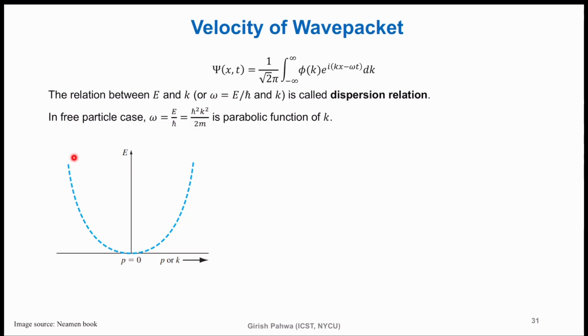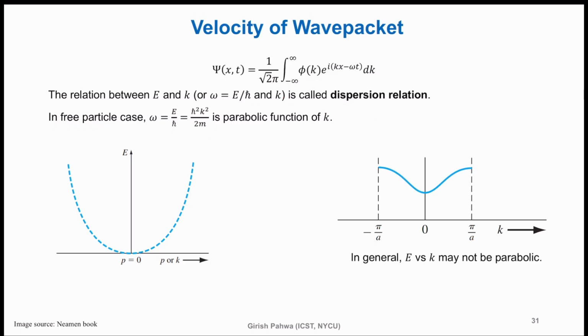But in general, this wave packet concept is not only valid for a free particle. If I have an electron moving inside, say, a crystal, the electron will also have a wave packet, and the wave packet will look exactly the same. The only thing that will change is the relationship between E and k. For a free particle, it's a parabolic relationship, but for an electron moving inside a crystal, this dispersion relation may change.